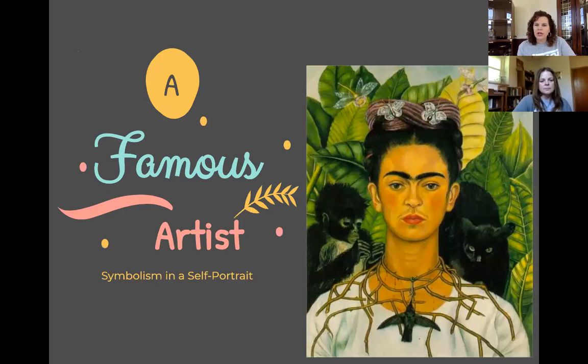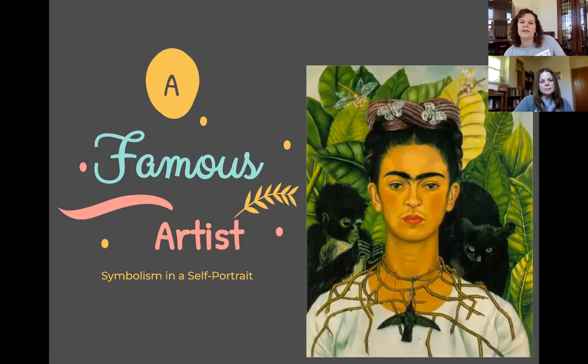So at first look, notice that this portrait includes symbols that represent another idea or concept. Her symbols include her use of objects and color. Each of these objects holds meaning. Study this for a moment. If you're able, pause your video here and make a quick note of all the things that you see.